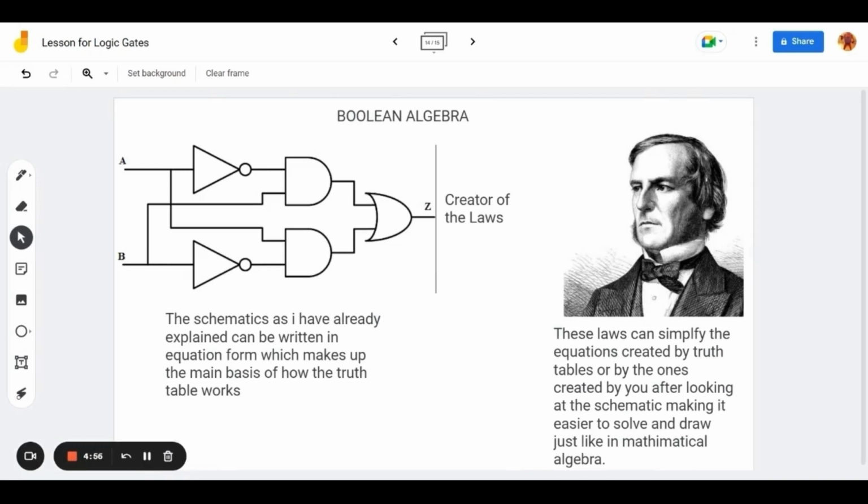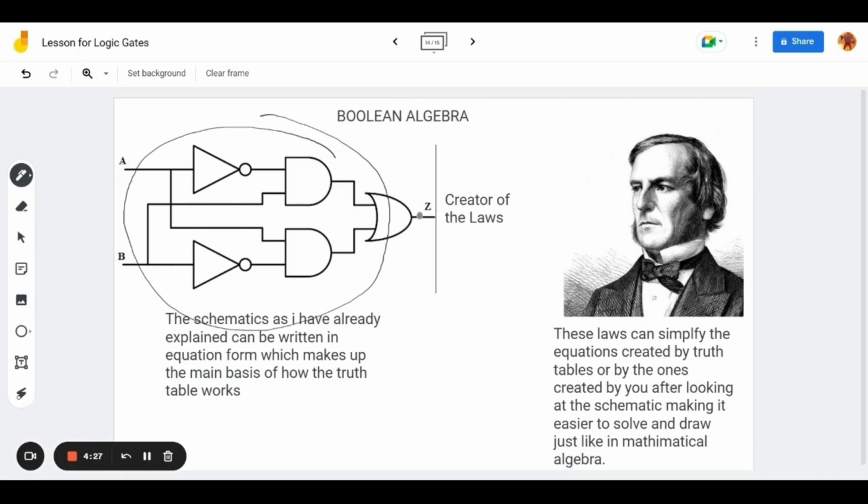As I was explaining earlier at the end of teaching truth tables and what each logic gate does, Boolean algebra is just the schematic written in equation form. So here is a schematic, and this could be written in equation form, and that would be known as the Boolean algebraic equation for this schematic.